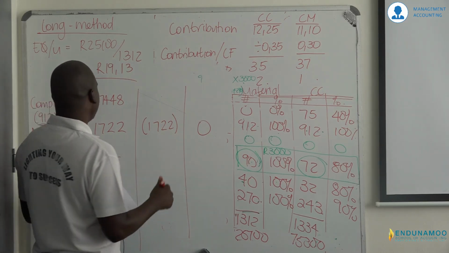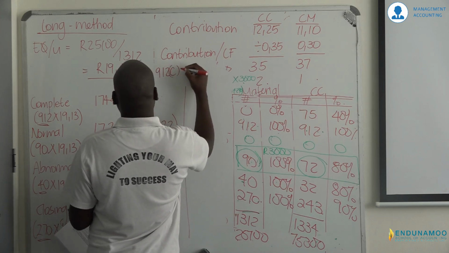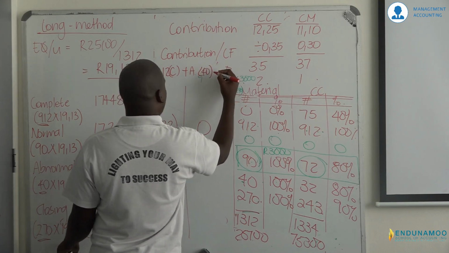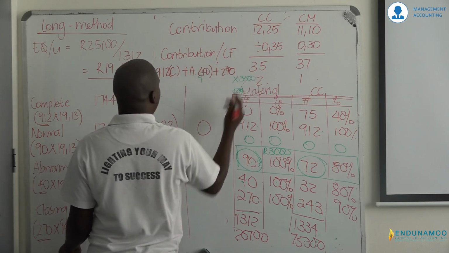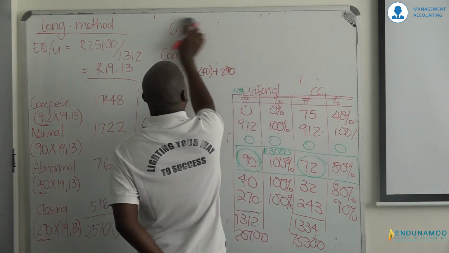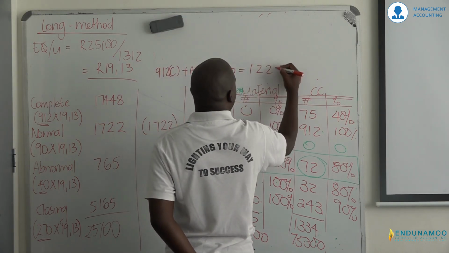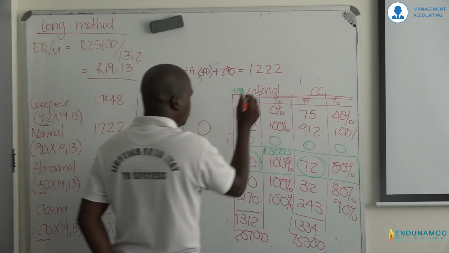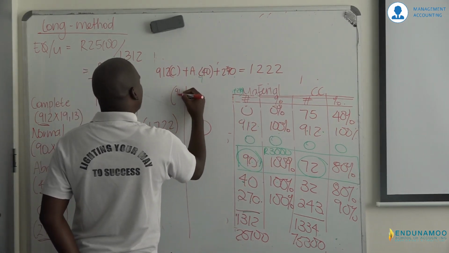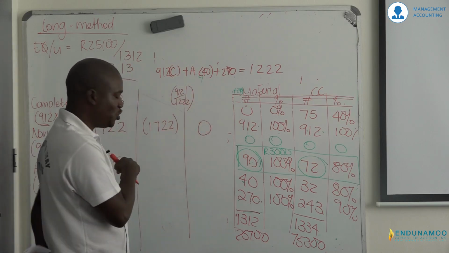So you have 912 for complete, abnormal 40, and closing with 270. So the total is 1222 altogether. Then you say 912 divided by 1222 multiplied by 1722.